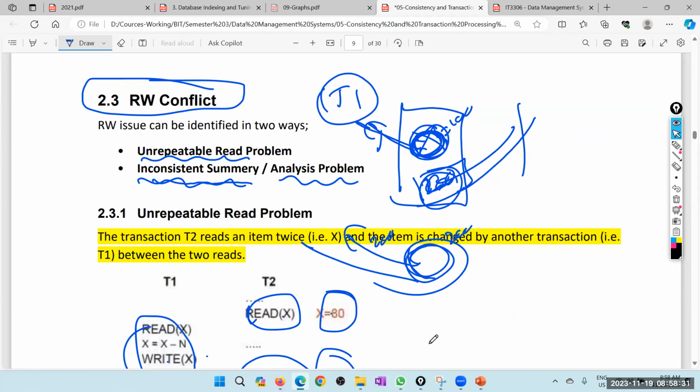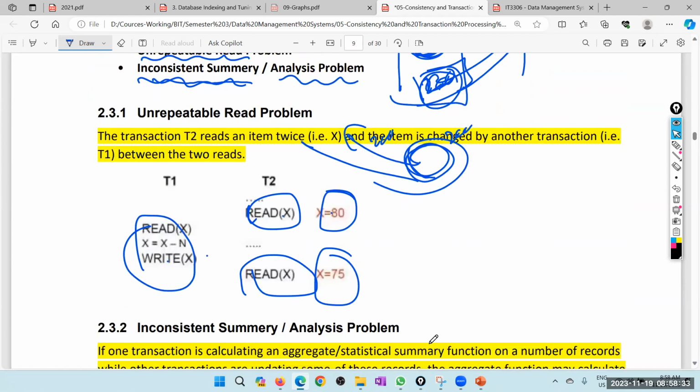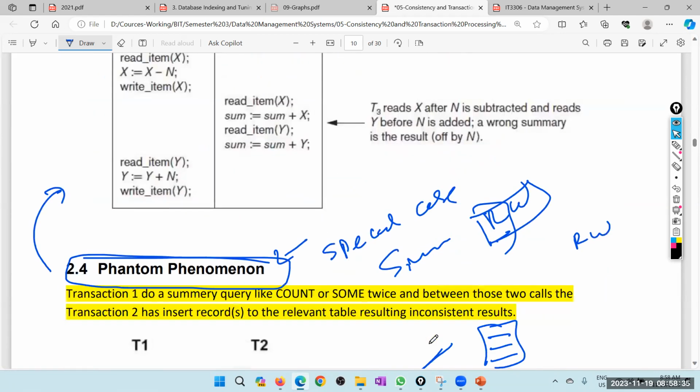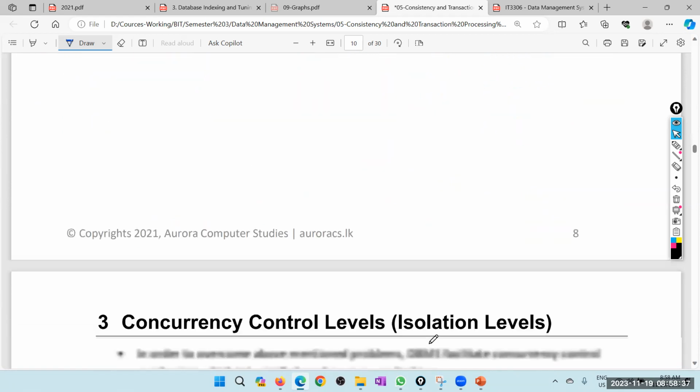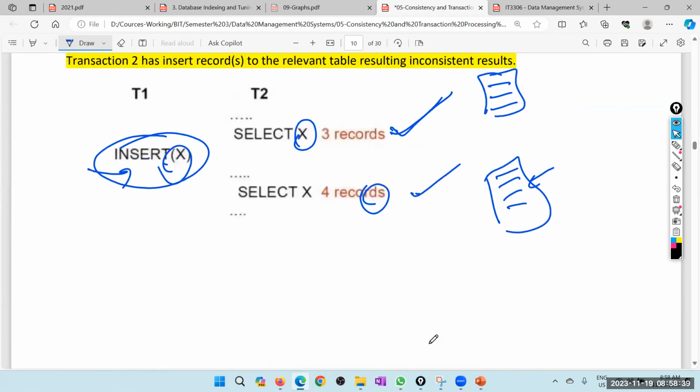You read, I also read. That doesn't matter. So those are the 4 possible issues. I'm not saying that those are always issues, but there's a possibility of issue.